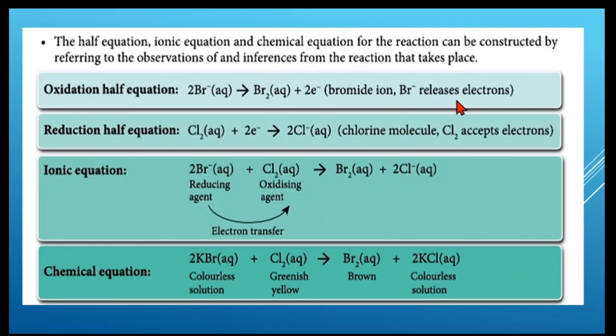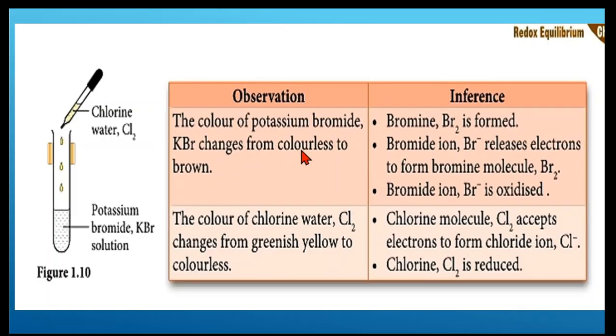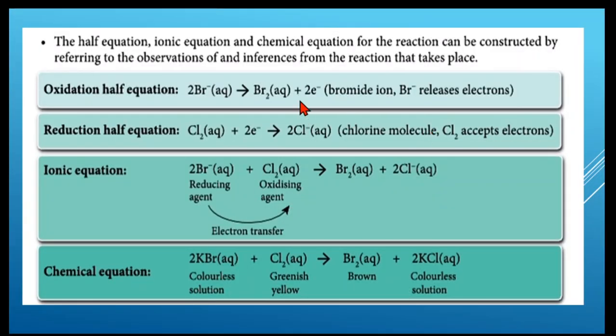So di sini dia release elektron, so dia mengalami oxidation. So sebab itulah kenapa warna dia daripada colorless dia menjadi apa? Brown. Kenapa? Sebab bromine telah dihasilkan. Bromine molecule telah dihasilkan.